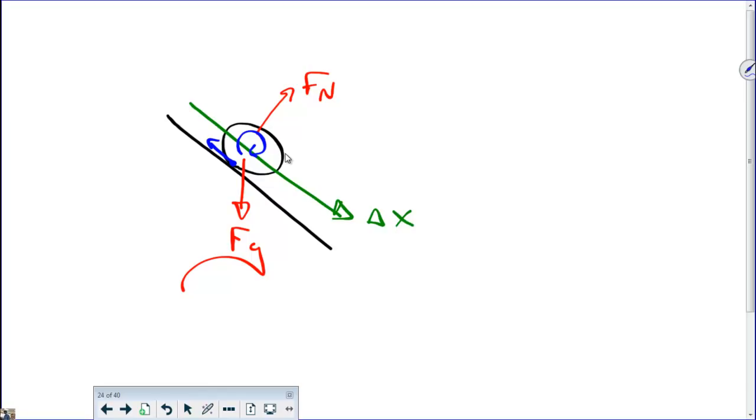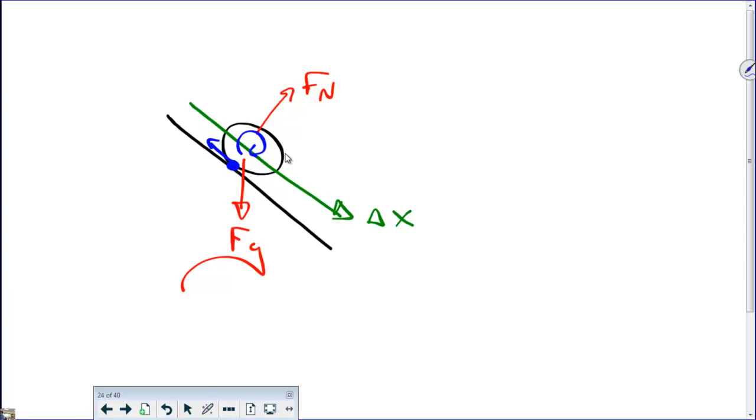And that's what the force of friction is doing: it's converting basically your gravitational potential energy into rotational kinetic energy. The weird thing here, though, is that technically speaking, it doesn't do work, because at the point of contact, that point doesn't move at all, right? This is maybe another thing that I need to show you in class.